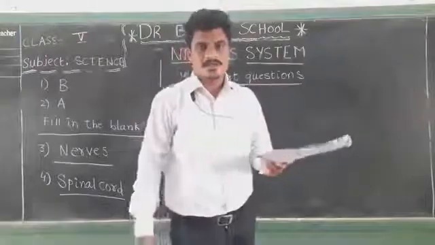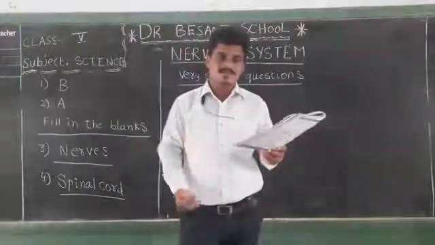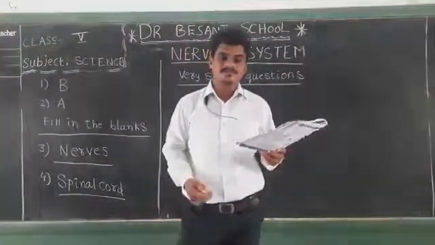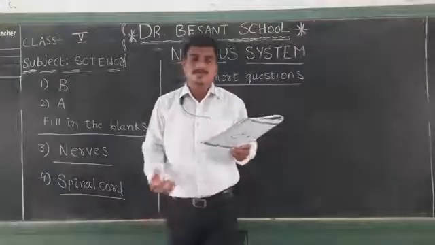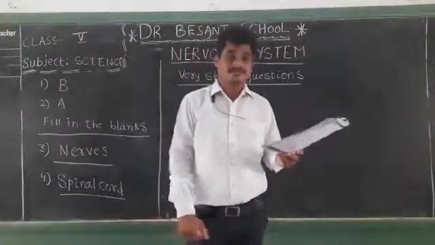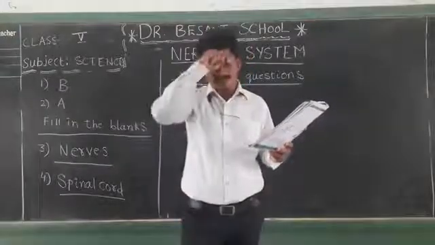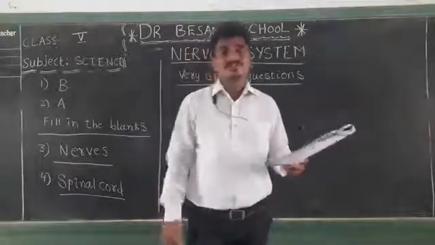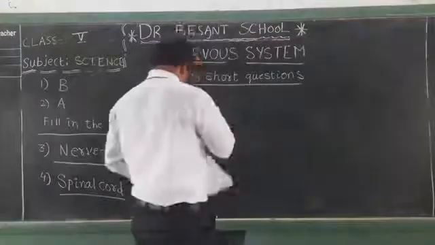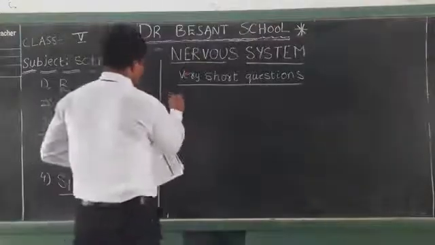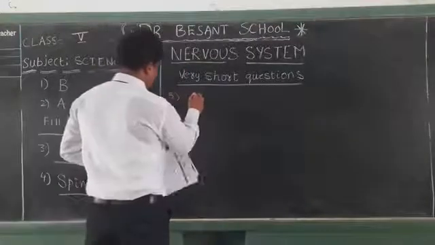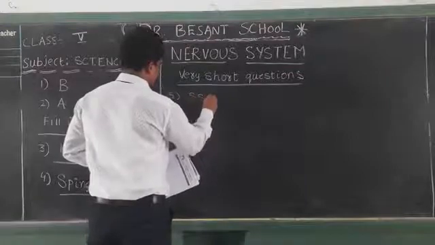Children, tell me. Okay, I will ask one question before that. Heart is protected by rib cage. Like that, brain is also protected by one bony structure that is called skull. Very good. Fifth one, answer is skull. What protects the brain? Skull.